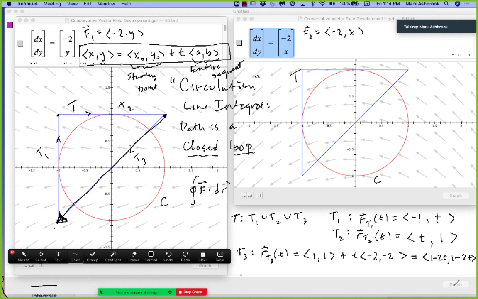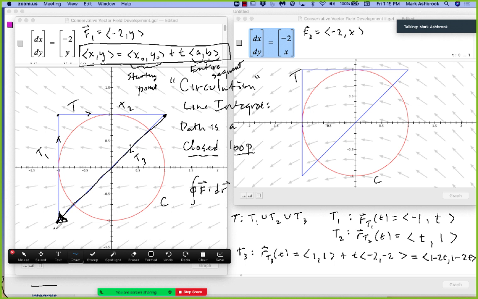Can you see the whole thing? Now here's the advantage to taking this strategy: t equals 0 will be the starting point of the segment, and t equals 1 will be the ending point. Let's try that. If t equals 0, what point do we get? We get 1, 1. That's our starting point. If we put t equals 1 in, you get 1 minus 2, 1 minus 2, so -1, -1.